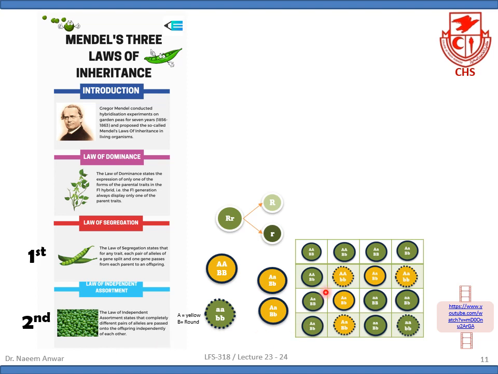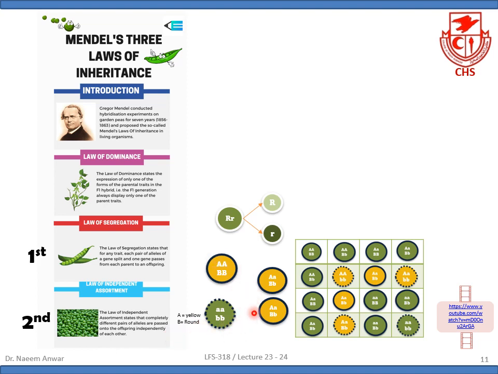So, as you can see here, if you see this dotted circle, it means that it is wrinkled, while if it's connected, it is smooth, and each has a different color. So as you can see here, A is yellow while B is round.